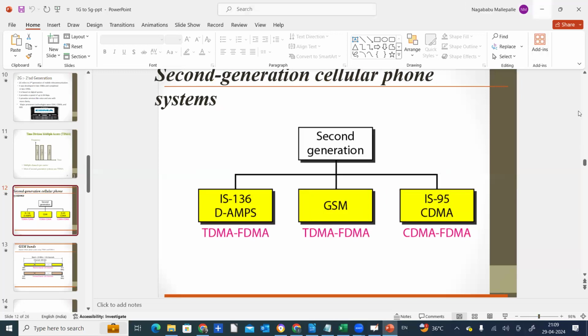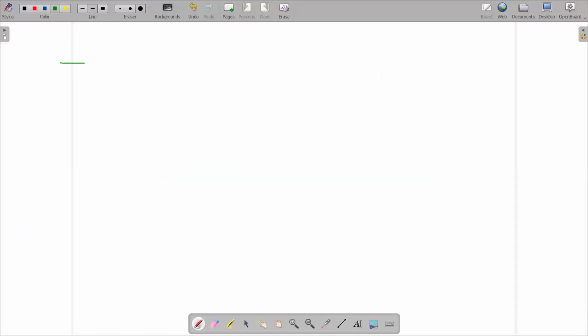Okay. So we have gone through 1G, where FDMA was used. Here the simple thing is, the entire frequency is divided into several frequencies.